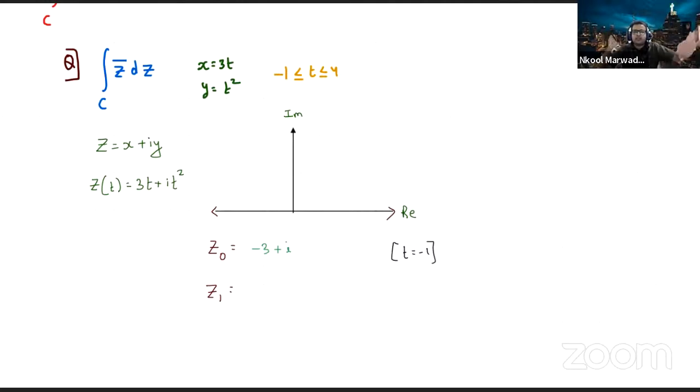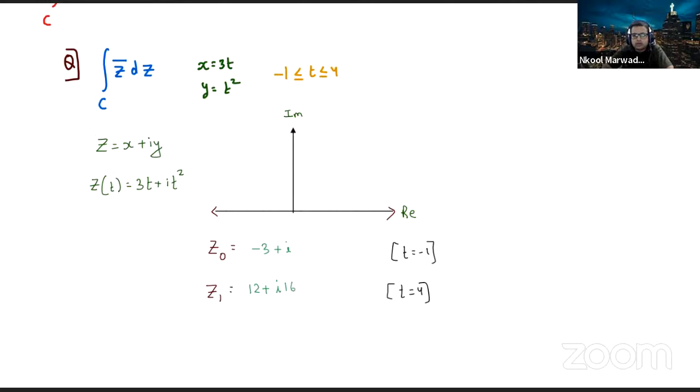So one is -1 and the maximum is 4, the extreme point on the right hand side, which t can take. So when I take t equal to 4 in this equation, we get 12 plus 16i. Now we can plot this.